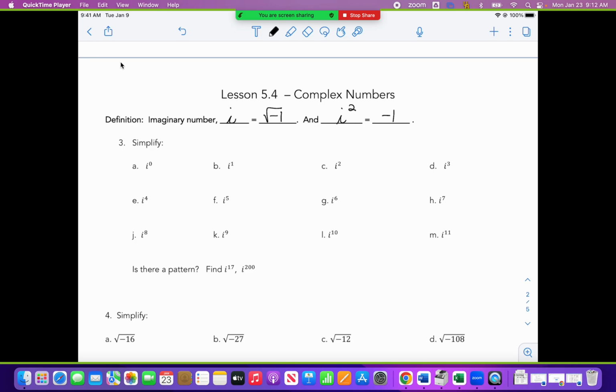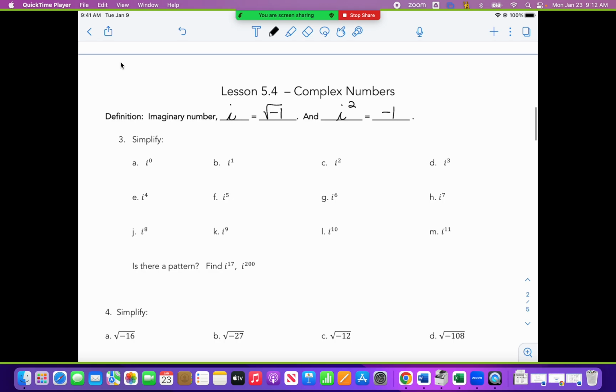All right, so if I have i to the 0 power, well, we learned anything to the 0 power is 1. i to the first is i. i squared is -1. So again, these are my two new things. And then everything else is going to flow from those two.